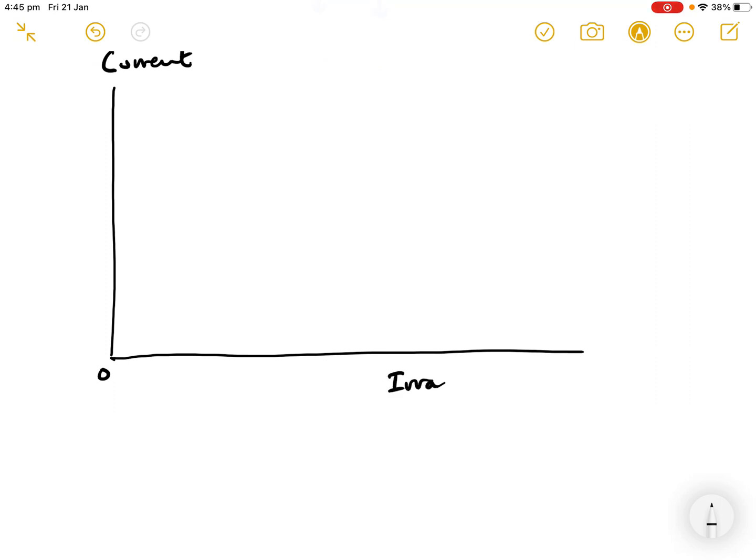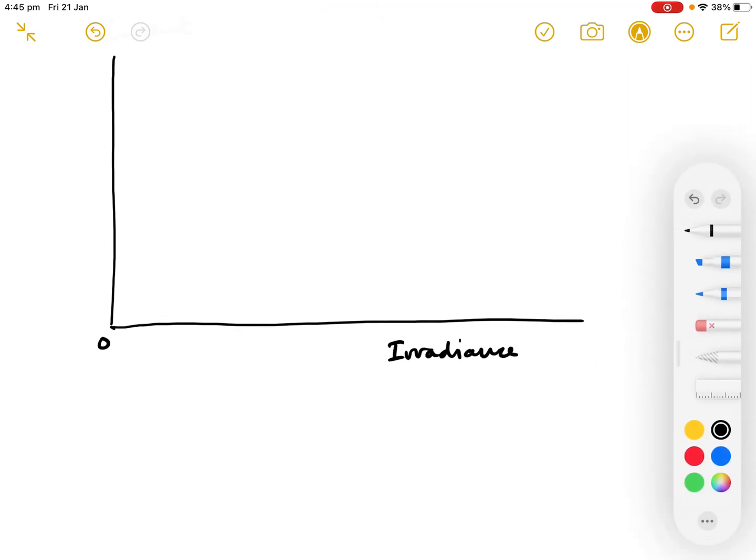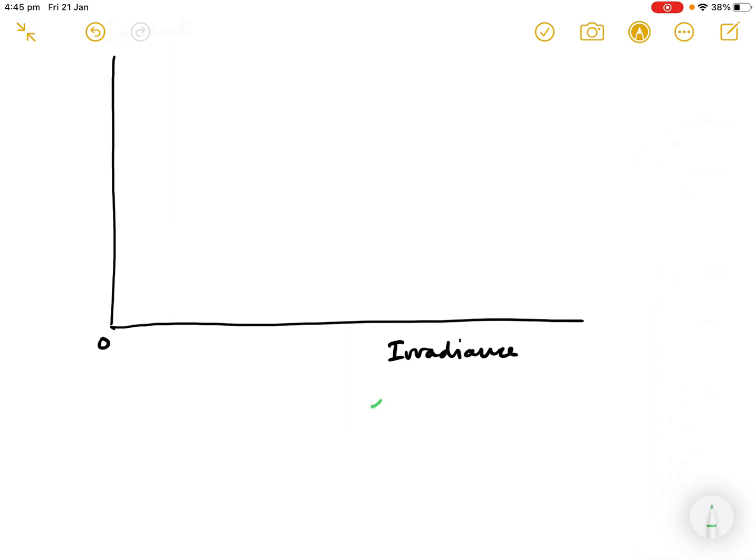Now irradiance we will study in more detail later. How should we think of irradiance? Well, very crudely, it's a little bit like brightness, but don't ever call it brightness.